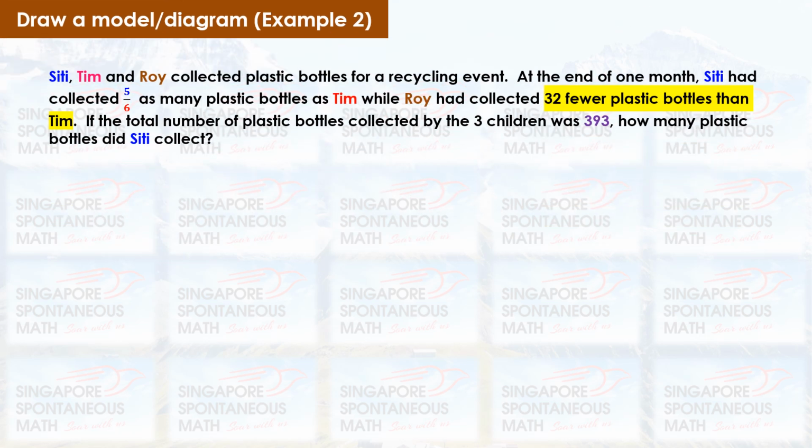City, Tim and Roy collected plastic bottles for a recycling event. At the end of 1 month, City had collected 5/6 as many plastic bottles as Tim, while Roy had collected 32 fewer plastic bottles than Tim.